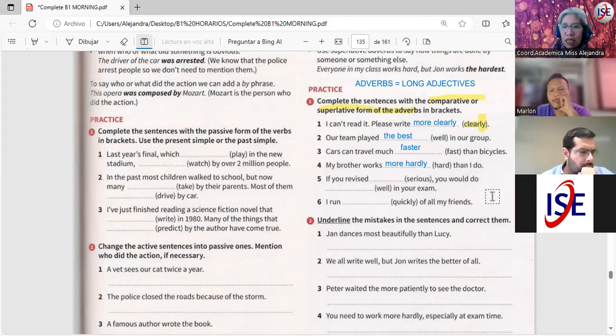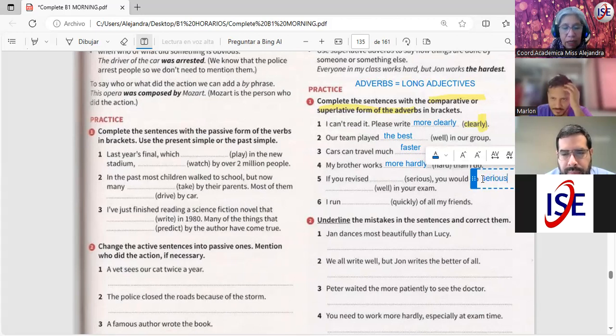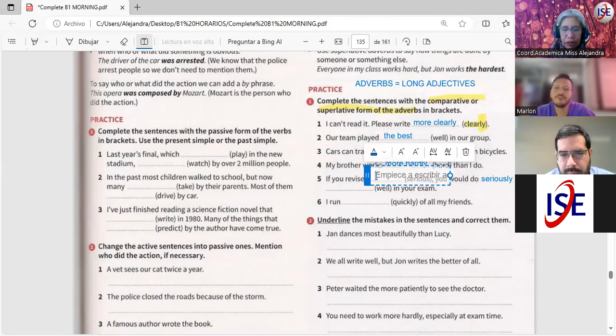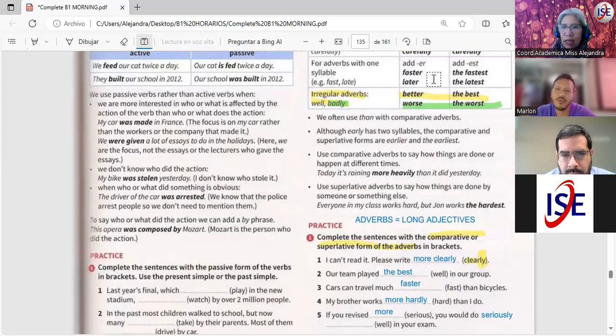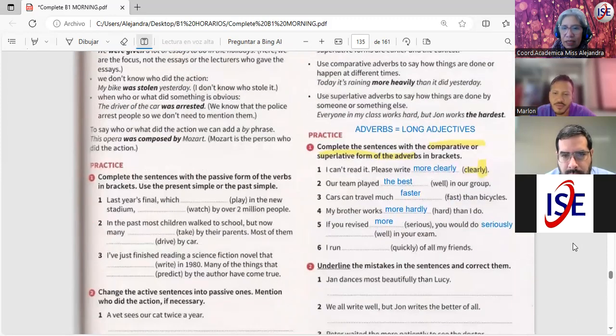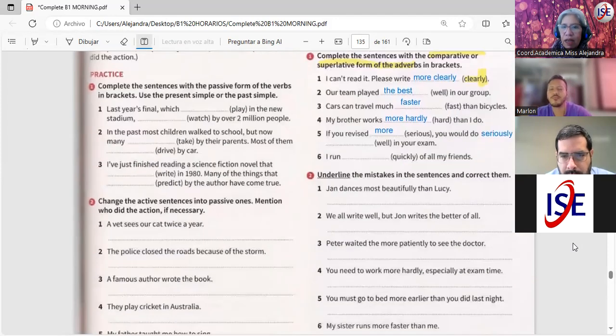Okay. From serious, the adverb is seriously. Yes, seriously. So here, if you revise more seriously, you would do, and this is the irregular for well, better. No, it's superlative. So you will do best. If you revise more seriously, you would do the best.